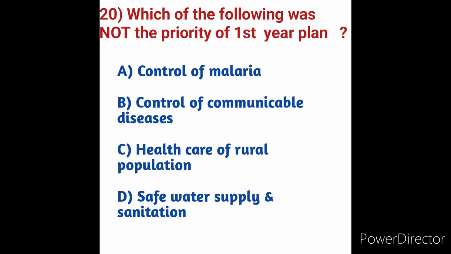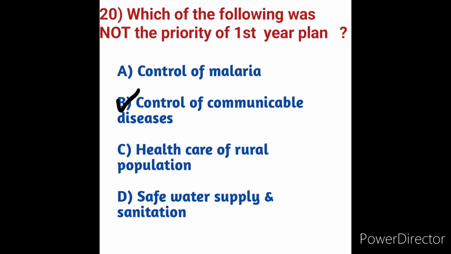So the option that was not a priority is option B, control of communicable diseases. Control of malaria, health care of rural population, and safe water supply and sanitation all come under the first five year plan.